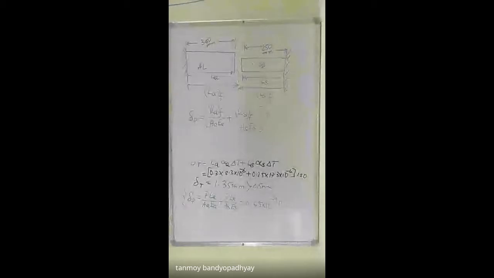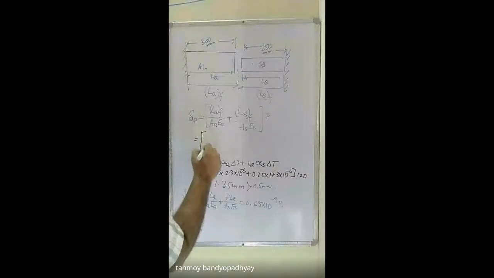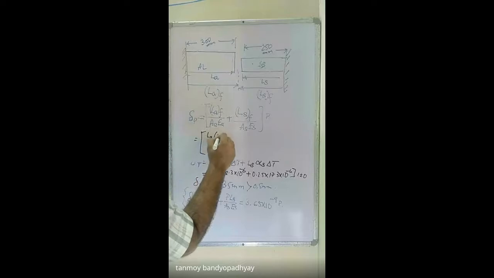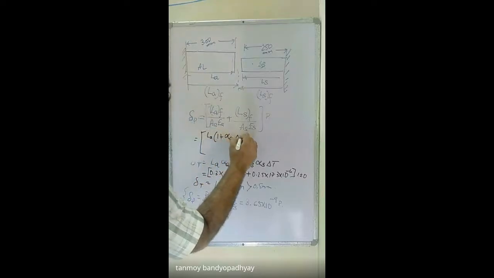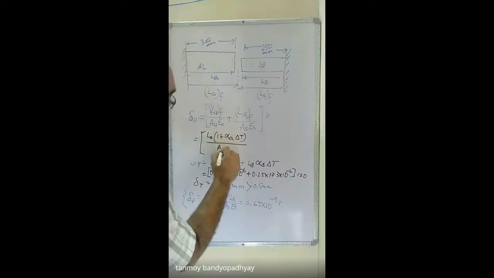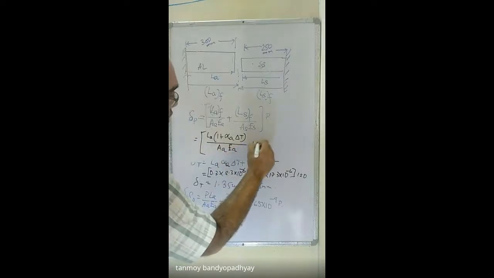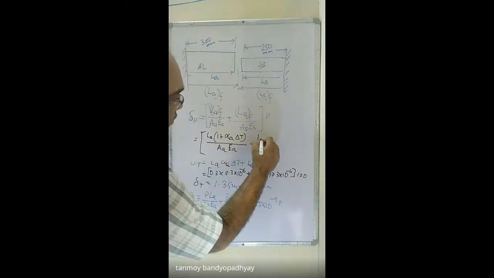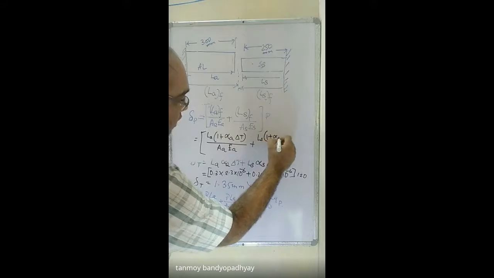So LAF will be equal to, so you can get it, I think. So this is actually LA into 1 plus alpha A into delta T. You do it like this also. So I don't think the values will differ. Sir, someone is trying to join.